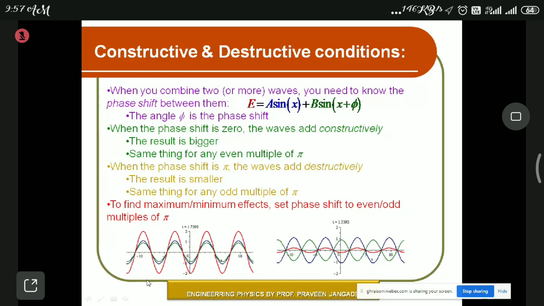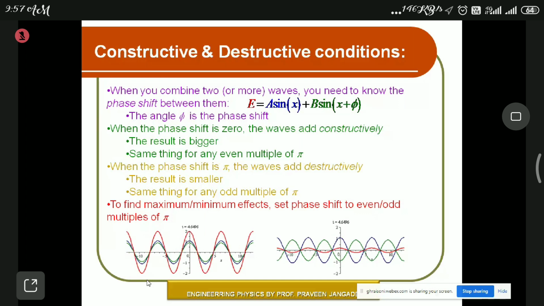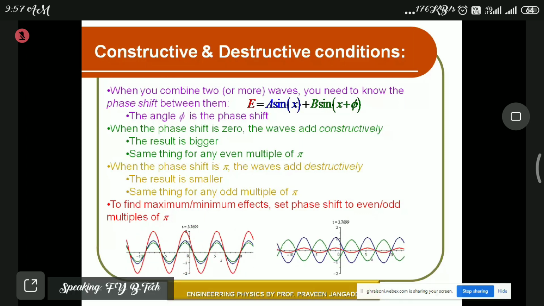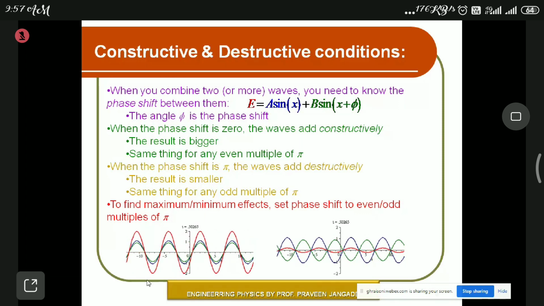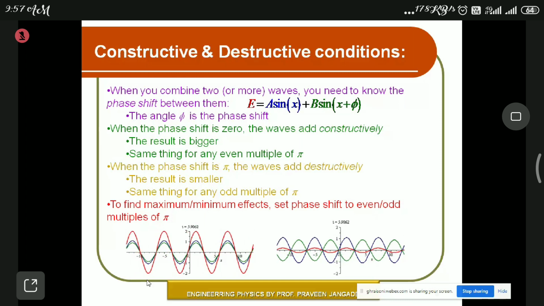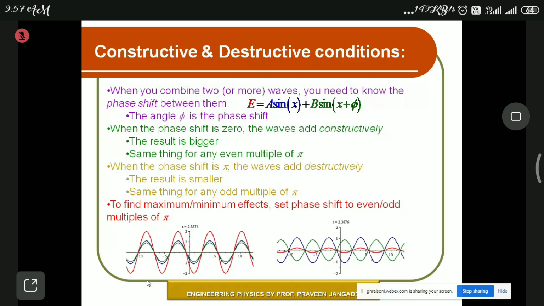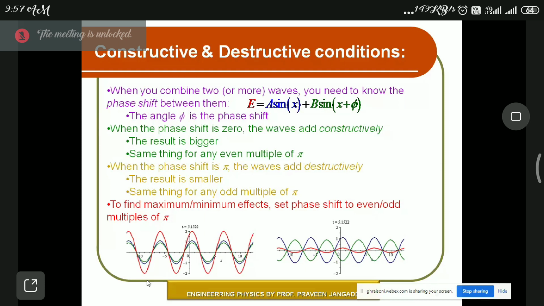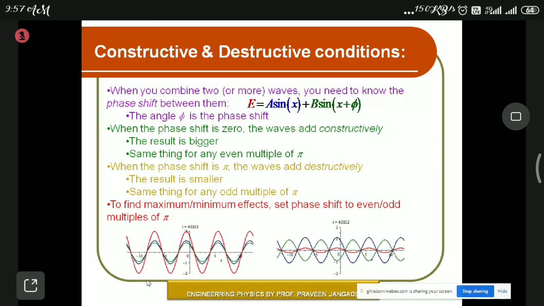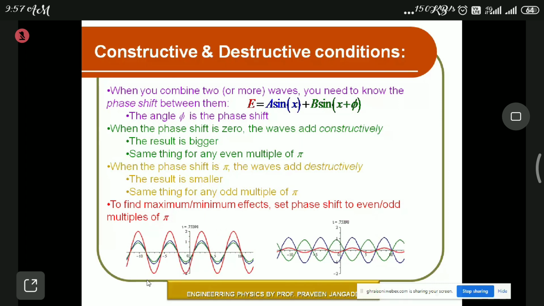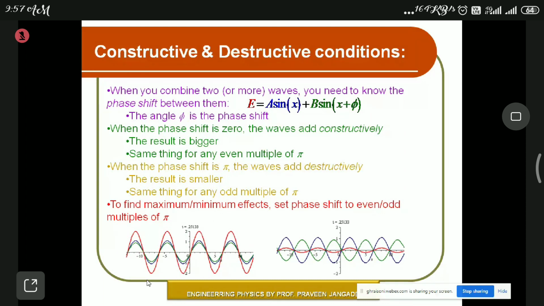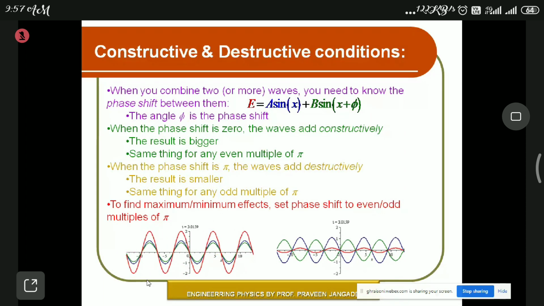If these two waves intersect and their path difference is an integral multiple of the wavelength, or it can be zero, so the n value will start from 0, 1, 2, because the equation that you have studied in 12th standard is path difference equals n lambda, the condition for brightness. So in that case, you get the maximum.